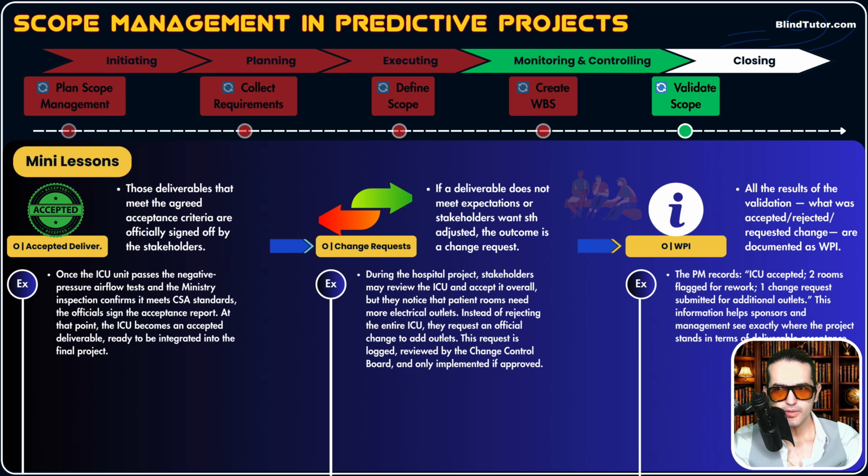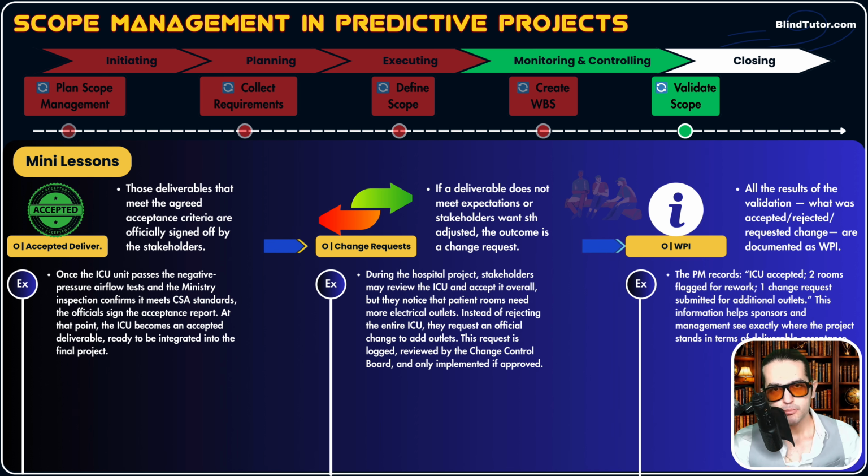This information helps sponsors and those key stakeholders and management see exactly where the project stands in terms of deliverables acceptance, because this information will change to reports, just summary reports, and we will send those reports to stakeholders and those sponsors and management so they could see what's going on with our project.